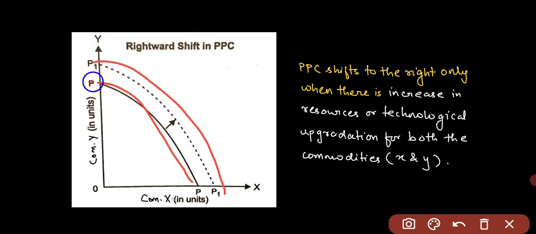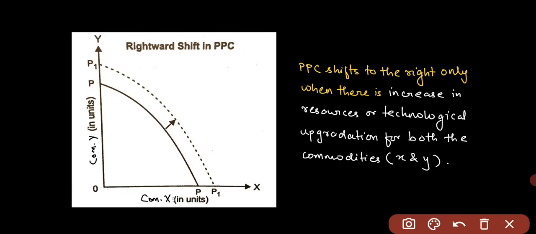It was the original production possibility curve, and when it shifts to the right, we say there is technological upgradation as well as an increase in resources.